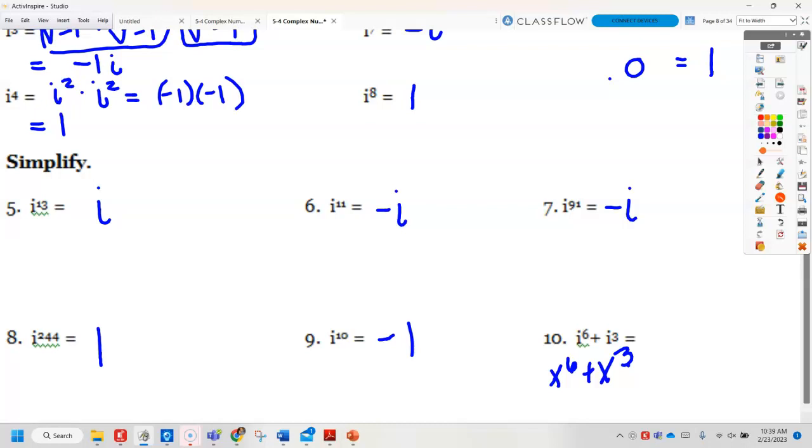You have to simplify each one separately. So i to the 6th is like i squared, which is -1. i cubed is negative i. So i to the 6th plus i cubed is really -1 minus i.